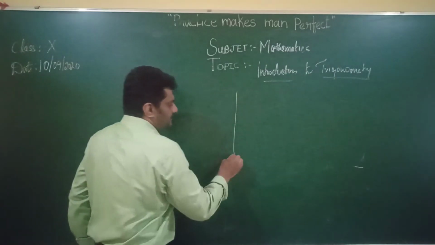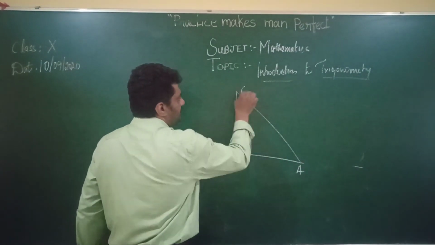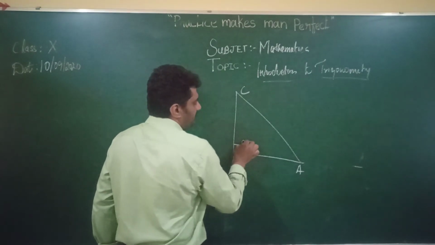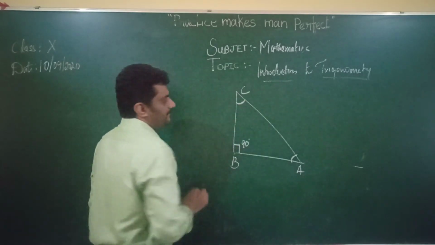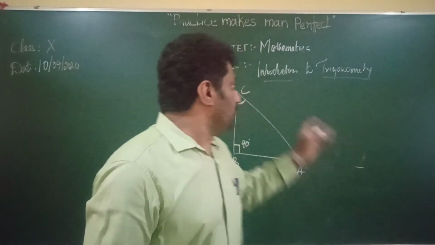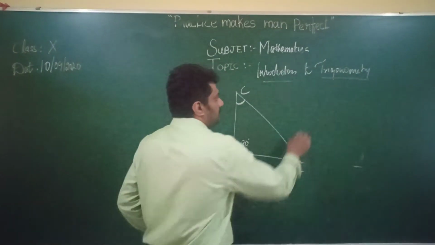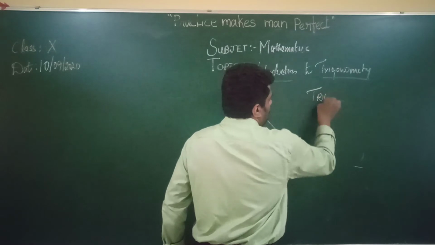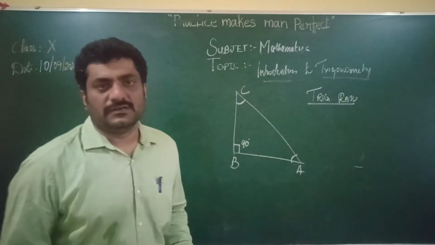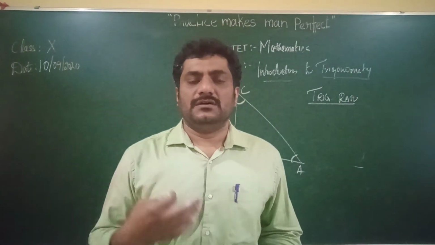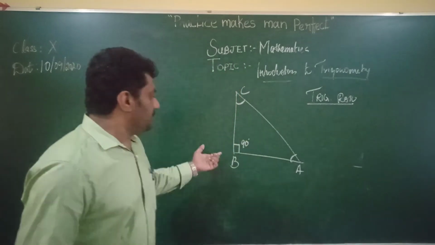Now in this right angle triangle, if I take this as A, B, C, this is 90 degrees. This is angle A. This is angle C. Now here, in trigonometry, there are different ratios. Ratios are nothing but you are comparing two sides based on division.